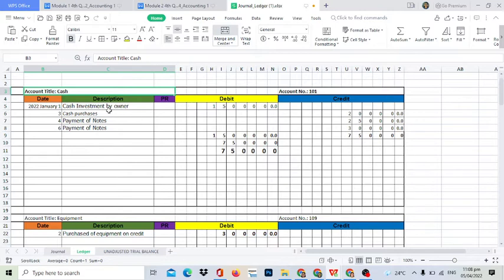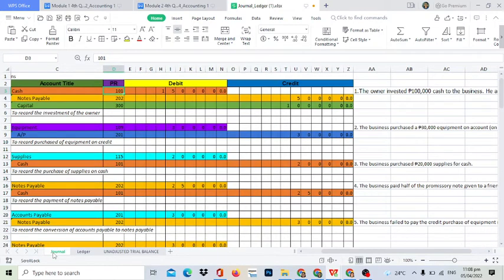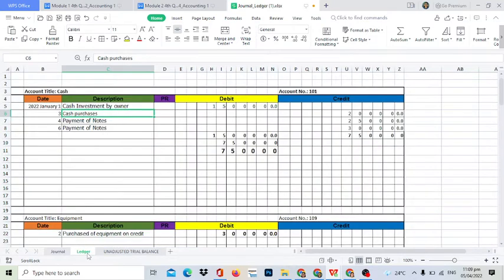Then, ito pong ating cash investment by the owner, naka-record po yan sa debit. Yung cash purchases po, based po dito sa journal, ay naka-record po sa credit. Okay? Same with the payments of notes for January 4, and then payment of notes for January 6.